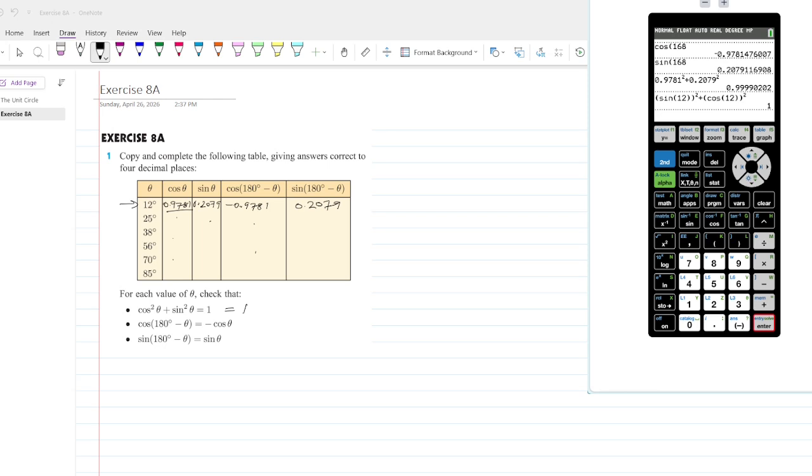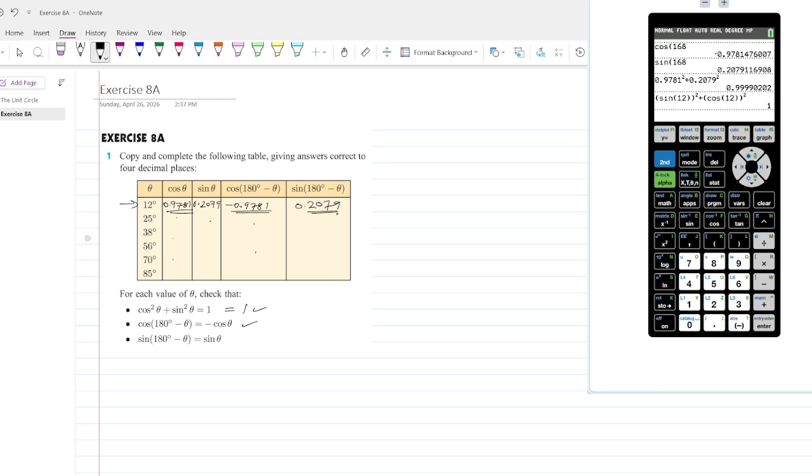Now cos 168 equals negative cos 12. So cos 168 is this. It is exactly equal to negative cos 12. This is cos 12. This is cos 168. They both are negative of each other. So this is also true. Sin 180 minus theta.